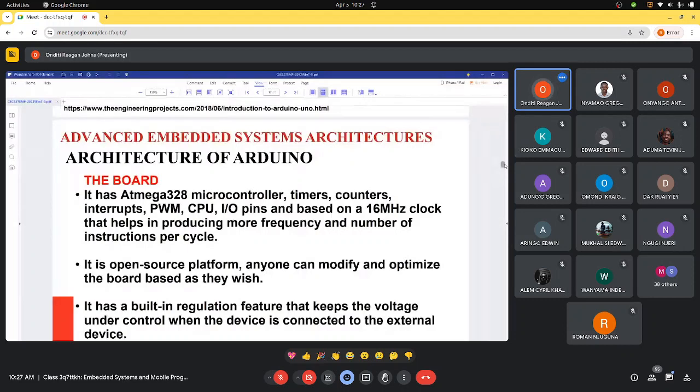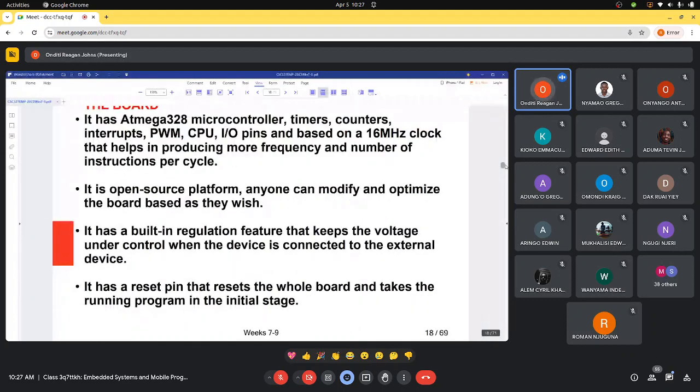We also see it is an open source platform. Anyone can modify and optimize the board to give specific output. It has a built-in regulation feature that keeps the voltage under control. And we saw on that board the voltage regulator that would not allow more current beyond 40 milliamperes to get into the board.